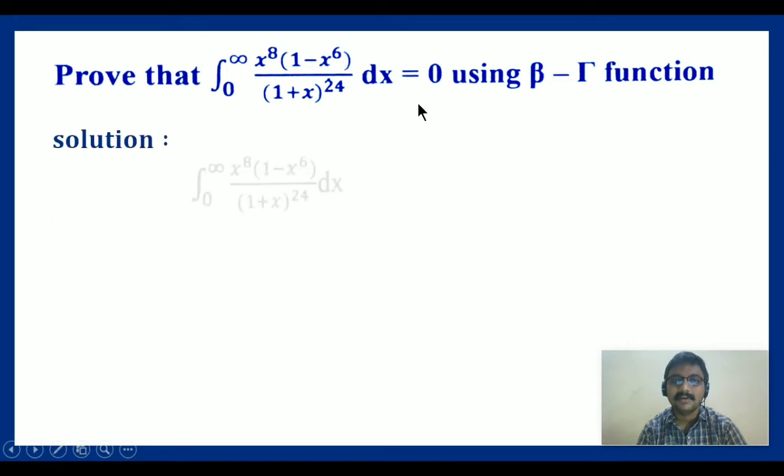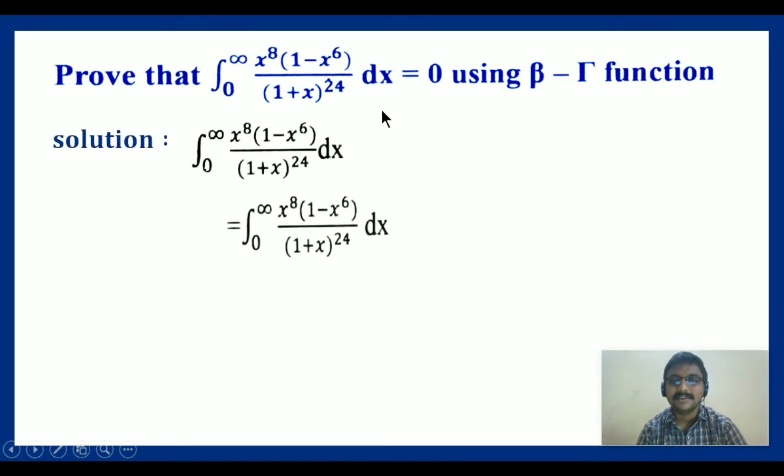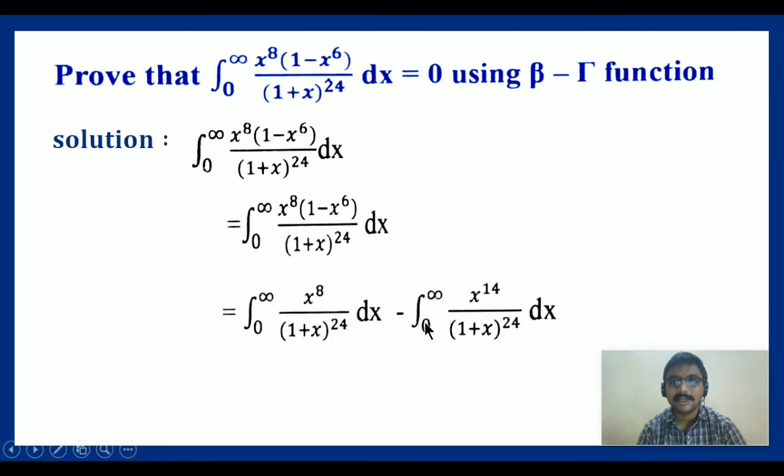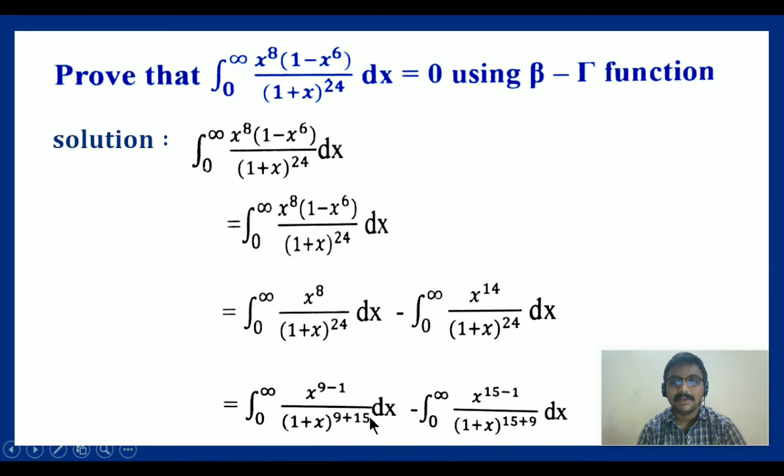Solution: given integral, now multiplying with x power 8 and splitting the integration using the linearity property. Now 8 can be written as 9 minus 1, 24 can be written as 9 plus 15, 14 can be written as 15 minus 1, 24 can be written as 15 plus 9.